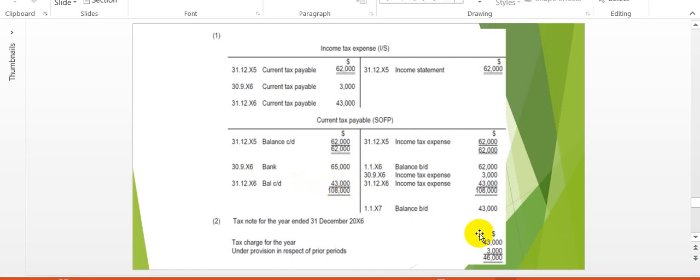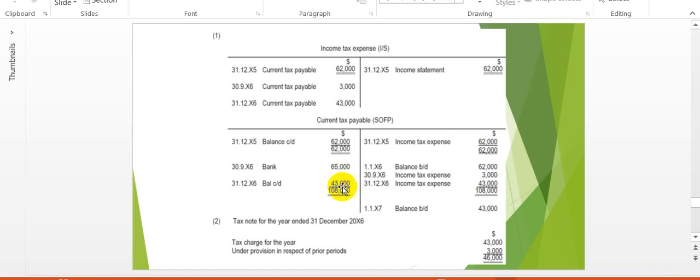so debit the income tax expense 43, credit the payable 43 at the end of the year, which will close, and this will be paid.